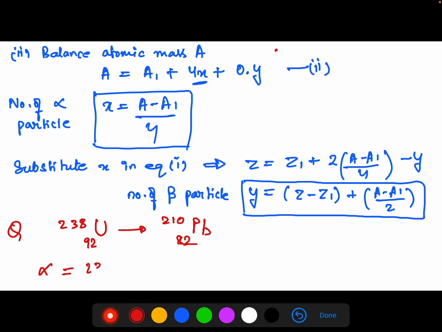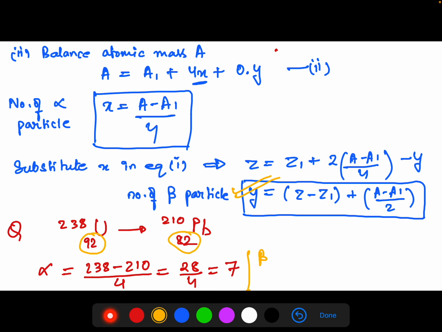So this will be (238 minus 210) divided by 4, which is 28 by 4, giving 7. So there are 7 alpha particles. Now I need to find beta. For the beta particle, I can use this formula, or I can mentally take the difference between atomic numbers. The atomic number difference is 92 minus 82, which is 10.